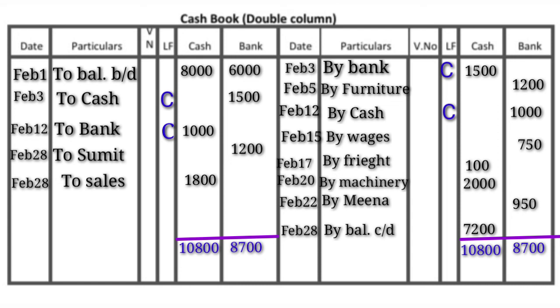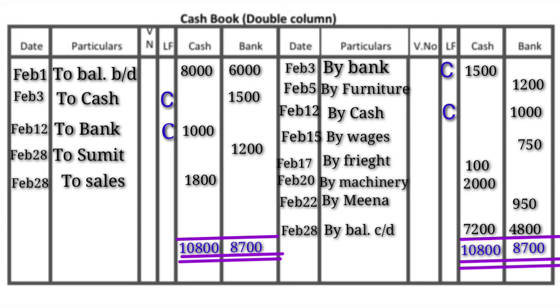That we will write in bank column here 4,800. This is the balancing figure of bank column. Now we got the balance amount on cash and balance amount on bank on Feb 28th.